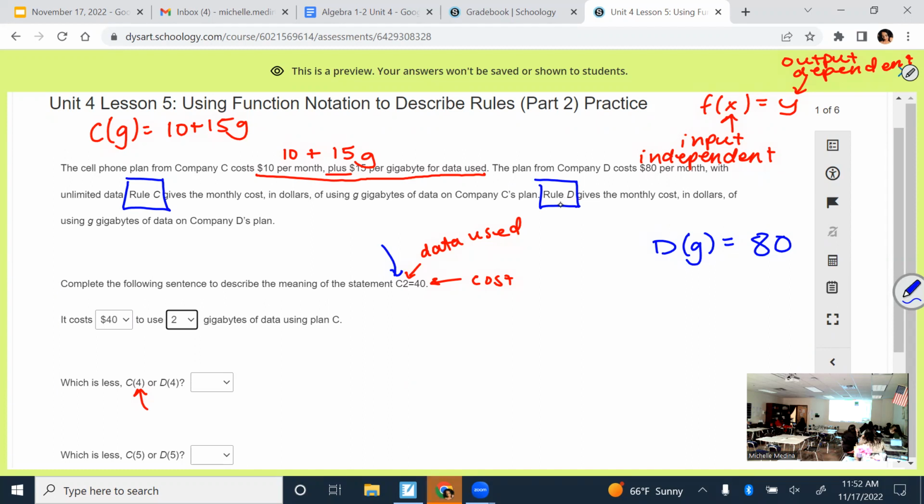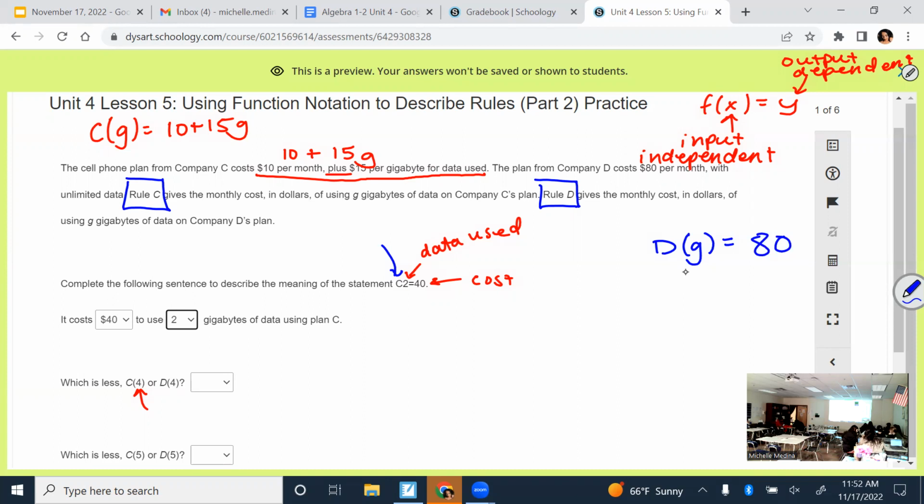So it says rule D gives the monthly cost, or here actually it says the plan from company B costs 80 per month with unlimited data. Do I need to add anything else? Why do you think we need to add a variable? Tell me why.